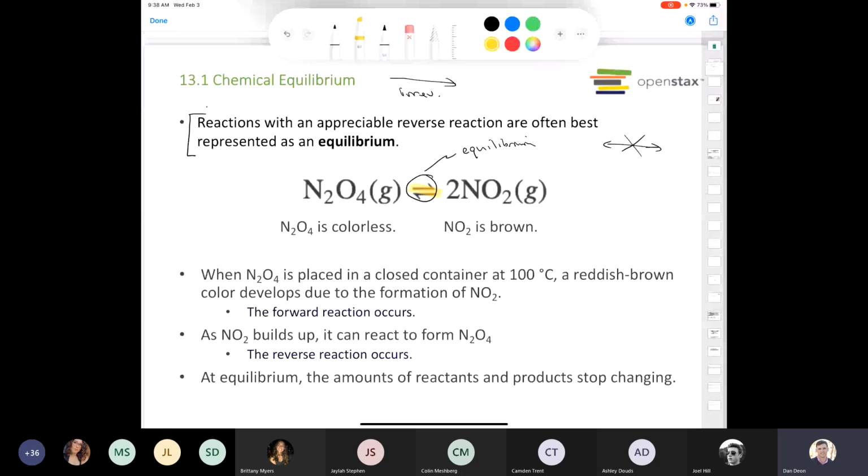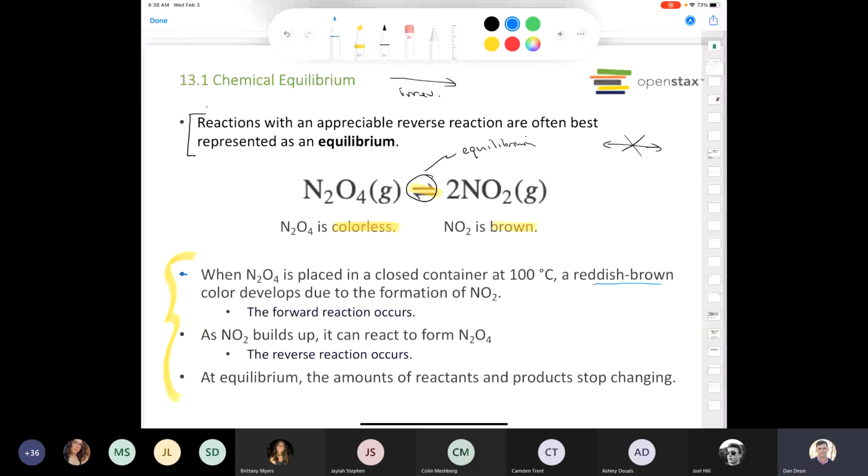Let's say we had just some dinitrogen tetroxide, this molecule right here. That molecule is in fact a colorless compound, no color. Now, dinitrogen tetroxide can react to form nitrogen dioxide, which is in fact a brown compound. If you follow this sequence down here at the bottom, it says when dinitrogen tetroxide is put in a closed container at 100 degrees Celsius, you're starting with just a colorless compound, but right away you start to see some brown color develop.